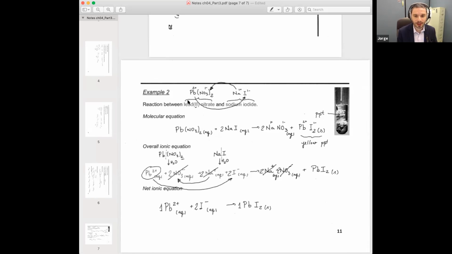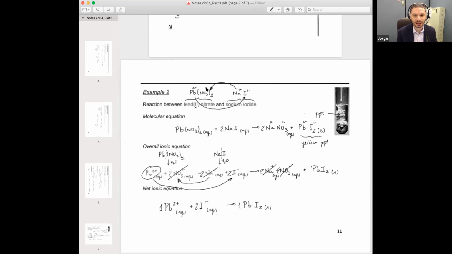Our cation is a transition metal, in this case lead, with 2 in parentheses. With this kind of nomenclature, the number between parentheses tells us the charge of the cation, so we have lead in the 2 plus state.